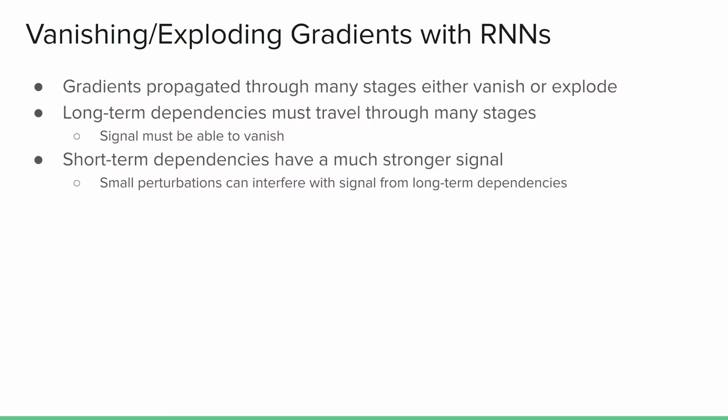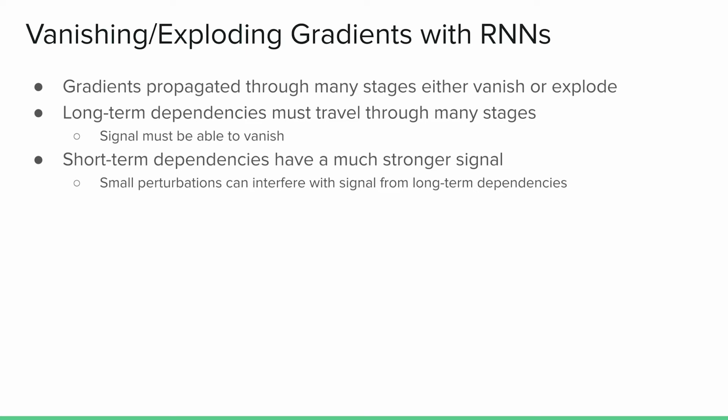So when we have these gradients that are propagated through many stages, we really want them to proliferate all the way down. And we have an issue here, because on the one hand, we want information to go all the way through, because we want to preserve long-term dependencies. When you think about translating a sentence, we really need to have the information. The verb, for example, in the German language is often split, and it appears at the second position and at the end of a sentence.